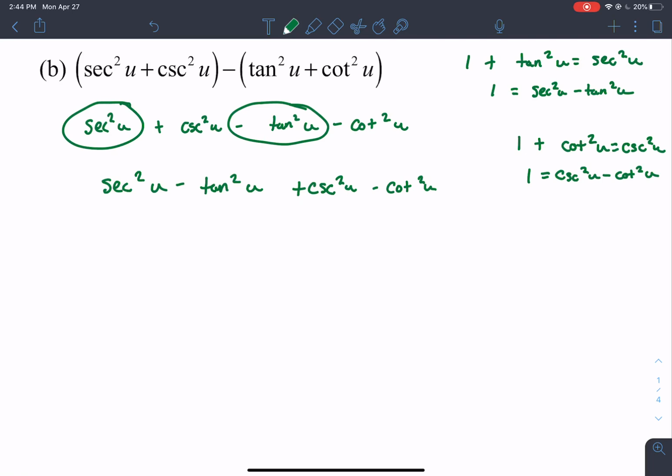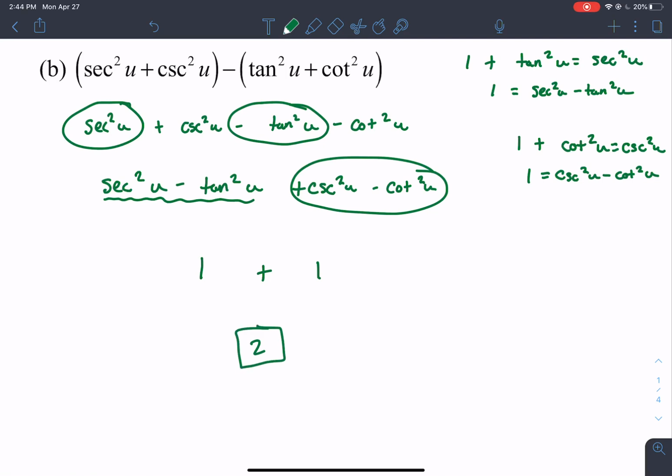So again, if I put these two together, I know that it's going to come out to be 1. So secant squared minus tangent squared we know is 1, plus cosecant squared minus cotangent squared is also 1. So your final answer is just 2.